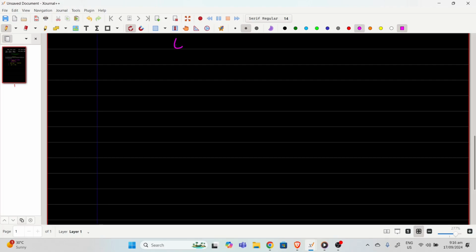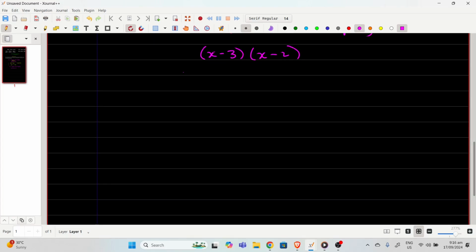So we're going to expand and simplify x minus 3 into x minus 2. All right. x minus 3 into x minus 2, first off, we're going to use again the distributive law.